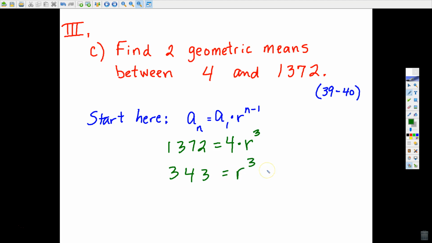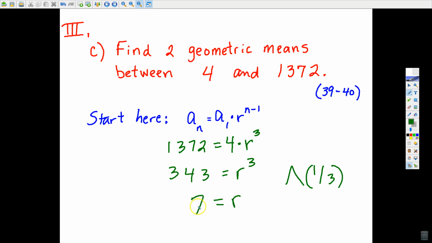All right, now what are we going to do? Cube root. Okay, so I just leave 343 in your calculator. And this is a way to do the cube root. Just make sure you use parentheses. And what do you get for the cube root of 343, which is R? 7.